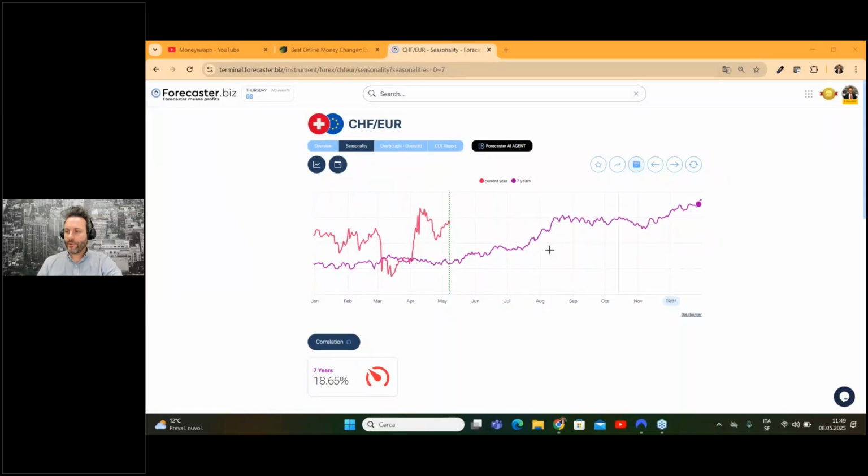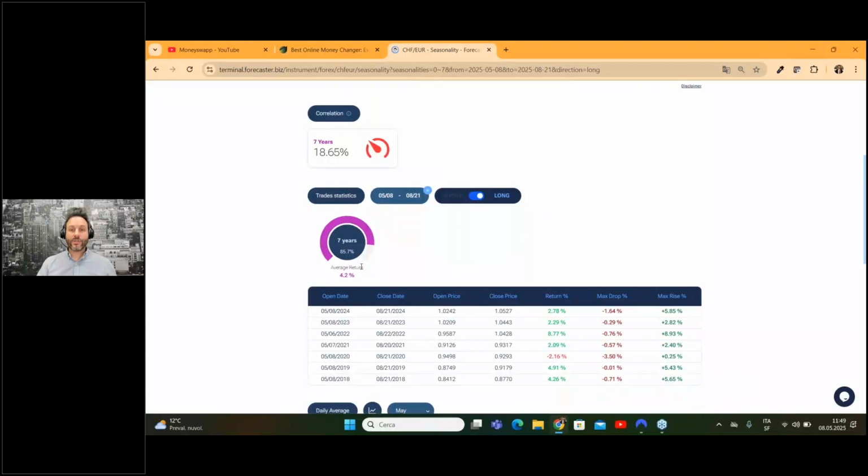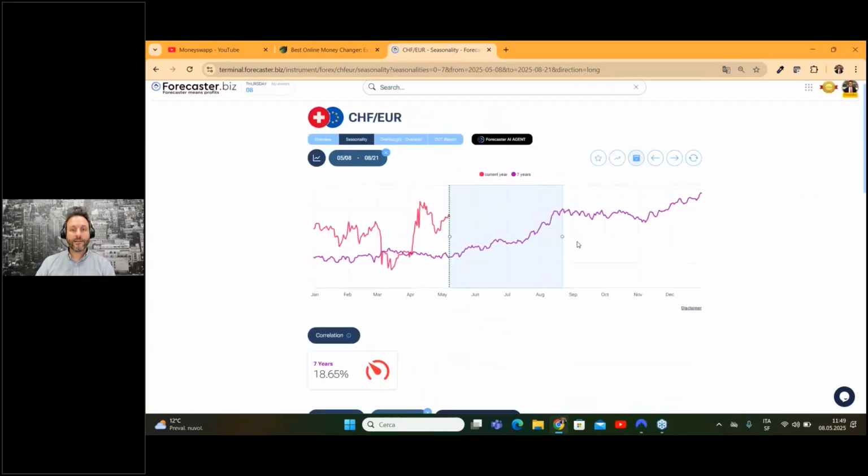So, for example, if we highlight this phase, starting from the beginning of May until the end of August, historically this was a bullish period, because 85% of this period in the last 7 years were bullish, positive, with an average return of 4.2%.